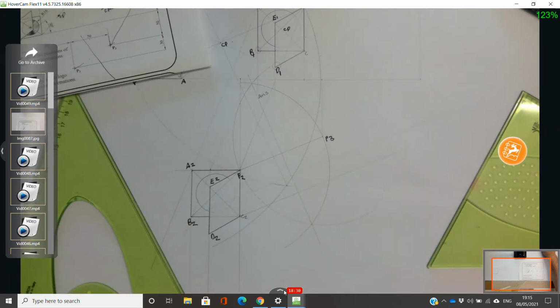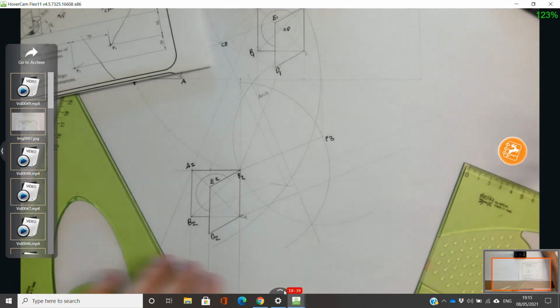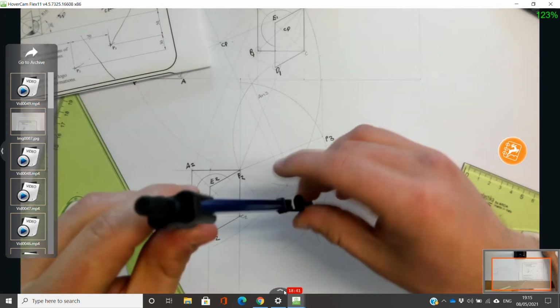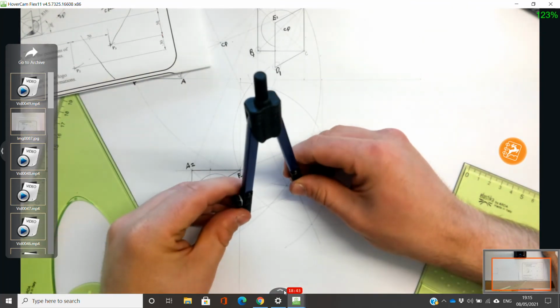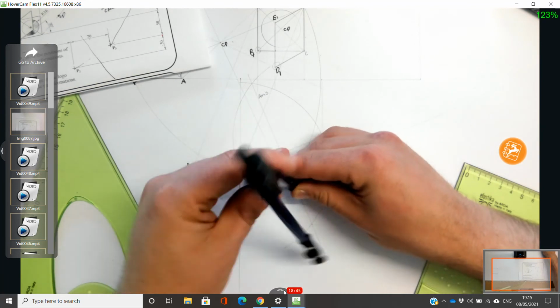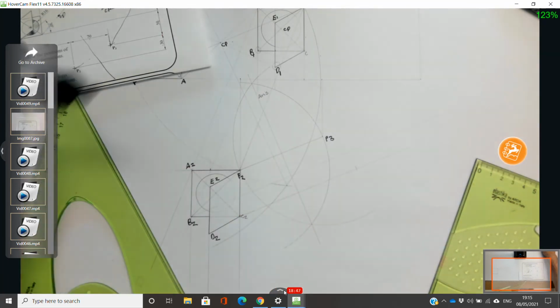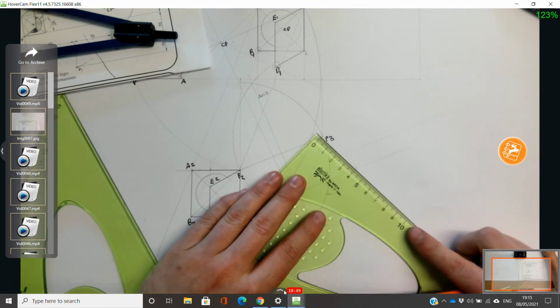I know that P3 to C3 should be 40 millimeters long. Now I'm going to put my compass on the axis, flip it over. I'm hoping that's going to be 40 millimeters long.